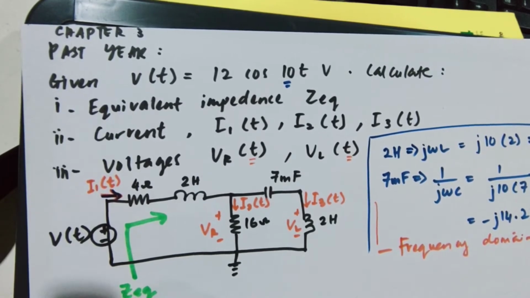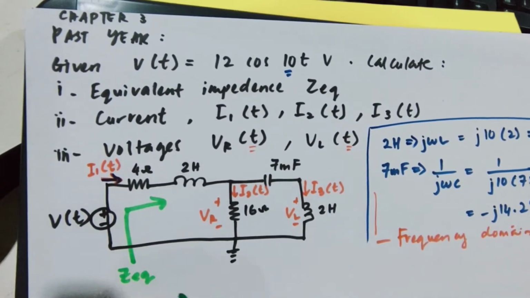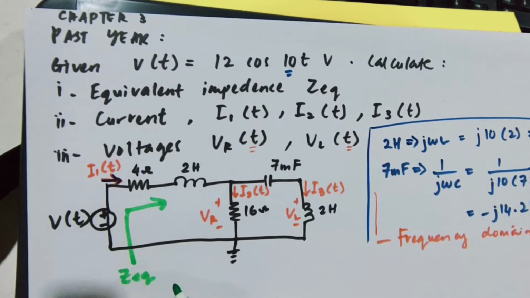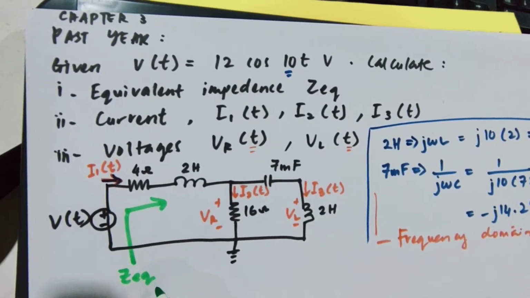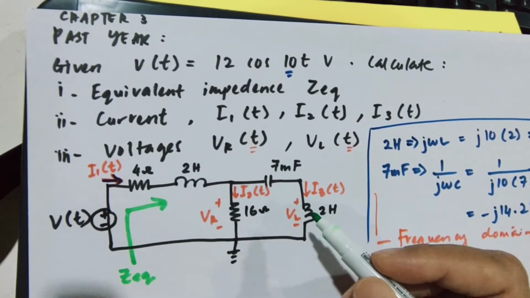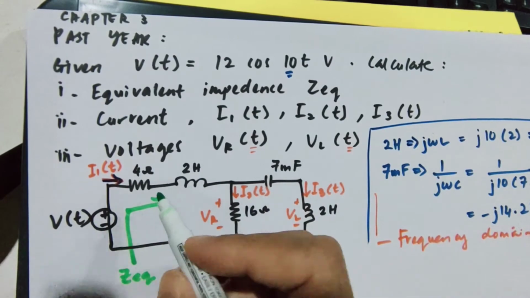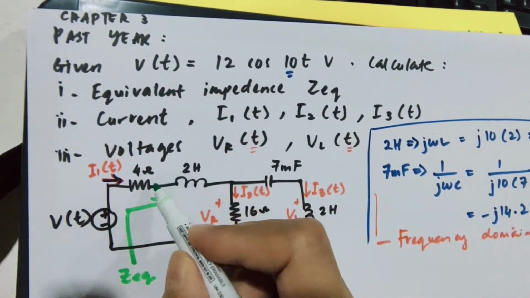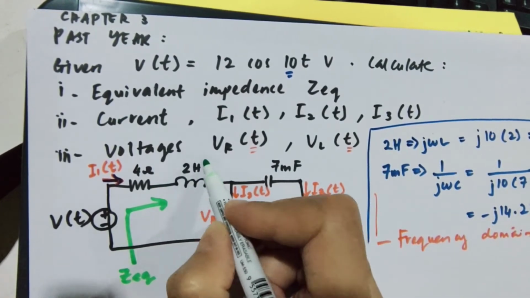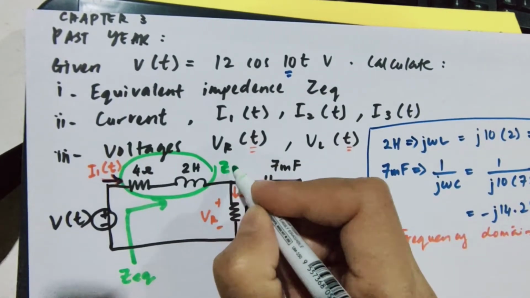In order to get the formula for Z equivalent, we have to know the components of resulting impedance inside the circuit. So let's say I name the 4 ohms and 2 Henry here Z1.